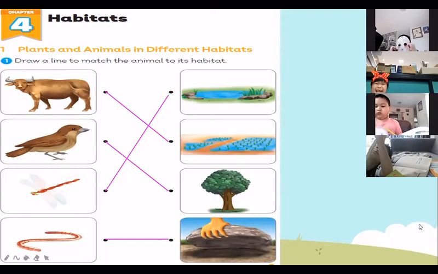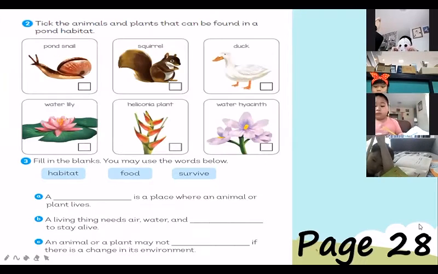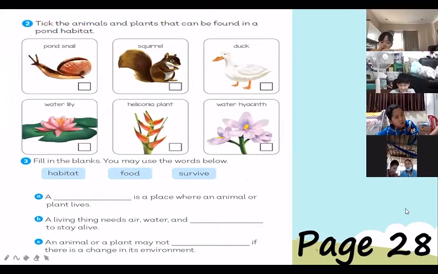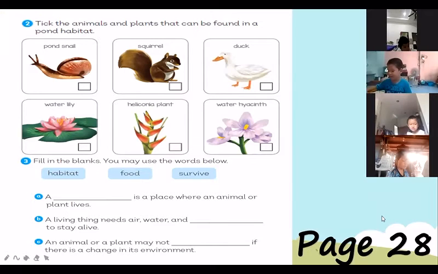Very good. Okay, next, can we all go to page 28?